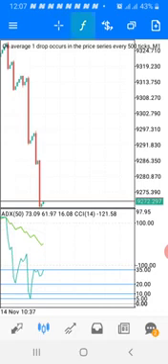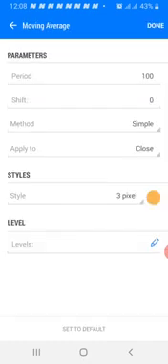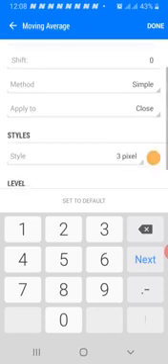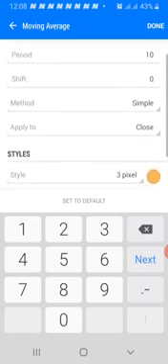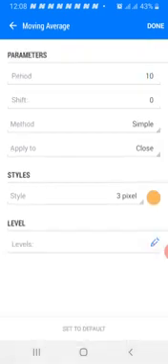Then the next indicator is the moving average. For the moving average we're using period 10, shift 0, method simple, apply to close.